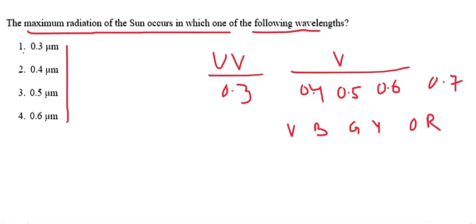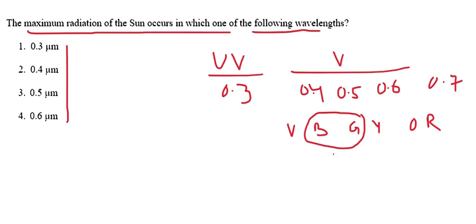So these two things will cover most of the earth, na? So the maximum radiation we are getting is blue and green. Just roughly visualize the things surrounding us.